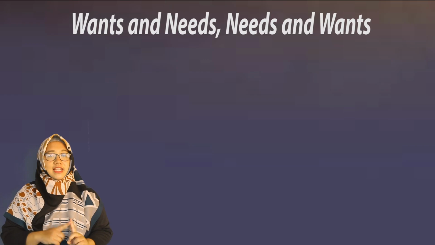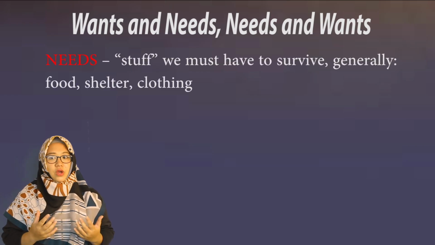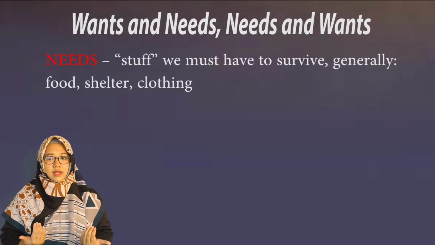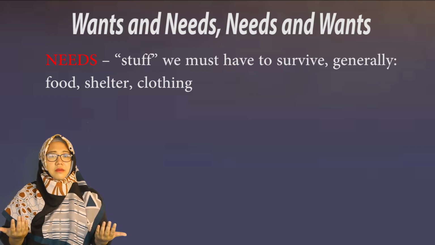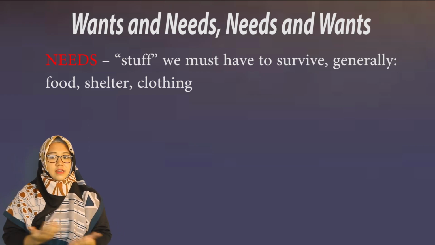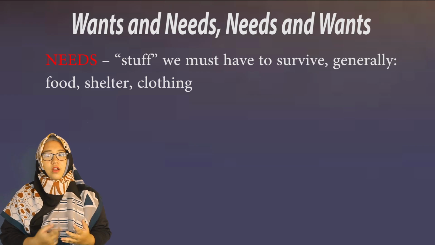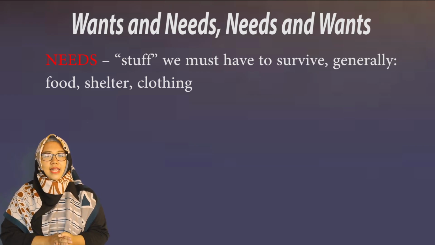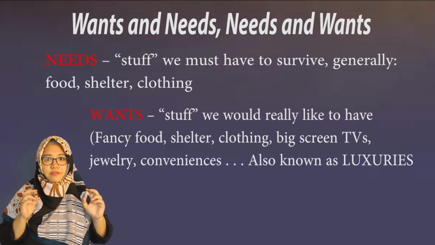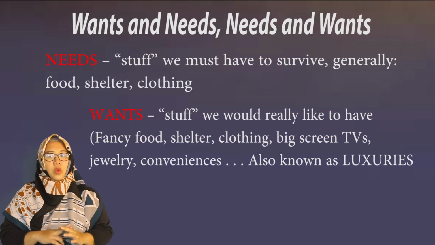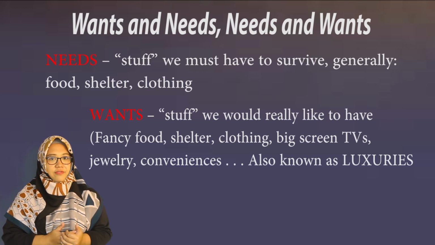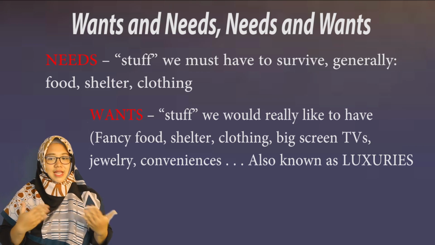Needs here means stuff we must have to survive. You cannot live if you don't have this stuff, like food, clothes, something like that. And wants means stuff we would really like to have, different from needs.